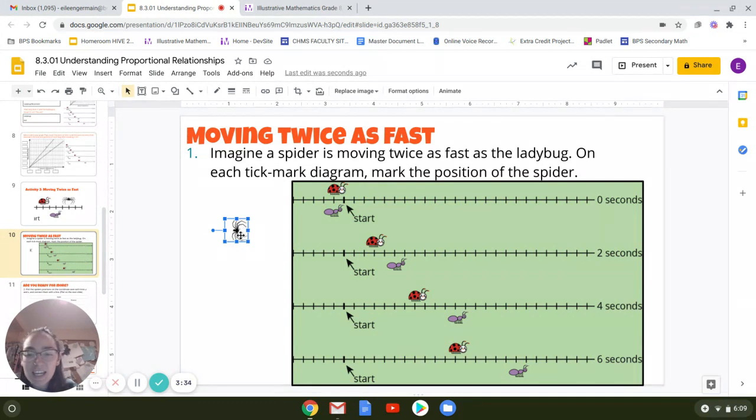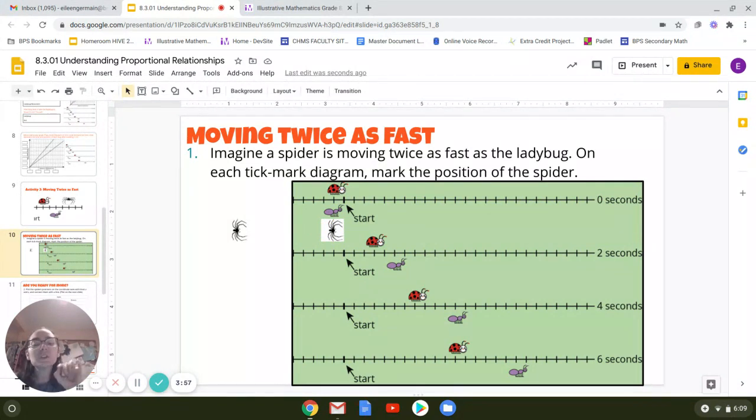So this guy, his head is sort of in the middle. So when we're marking his distance, we're going to be using the far right side of the box. So if he's starting in the same spot that the other guys are, he's starting at that start line. His front of his box is lined up with that start line. I moved him over a little bit so that he's perfectly lined up.